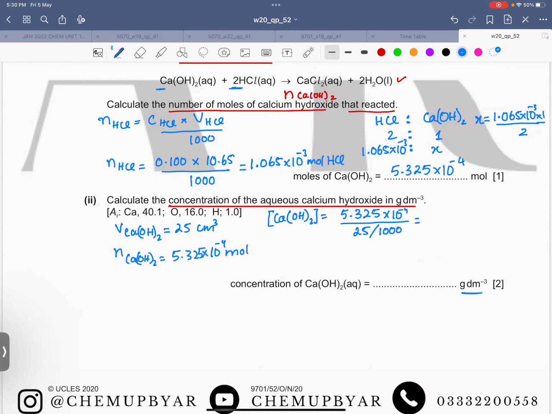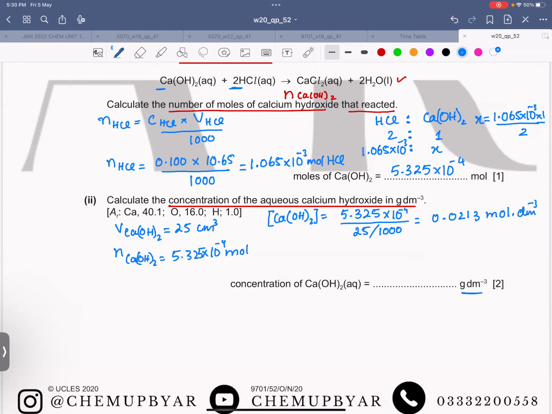Yes. 0.0213. 0.0213, right? Yes, sir. Okay. So this is the moles per decimeter cube, right?